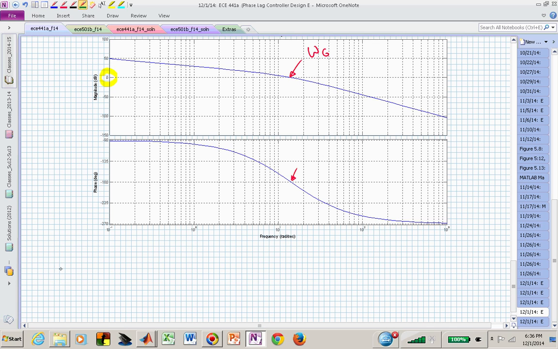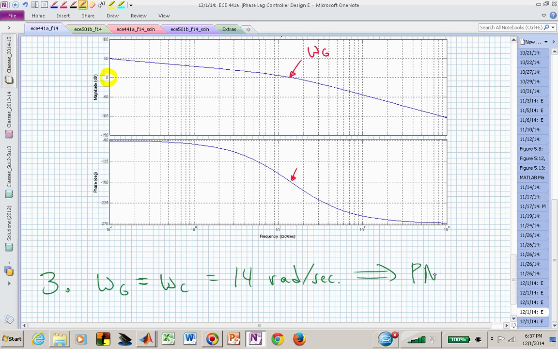So my third step in the process is to identify the gain crossover frequency of the uncompensated system, which I might refer to as omega G or omega sub C. That, I said, is roughly this 14 radians per second.